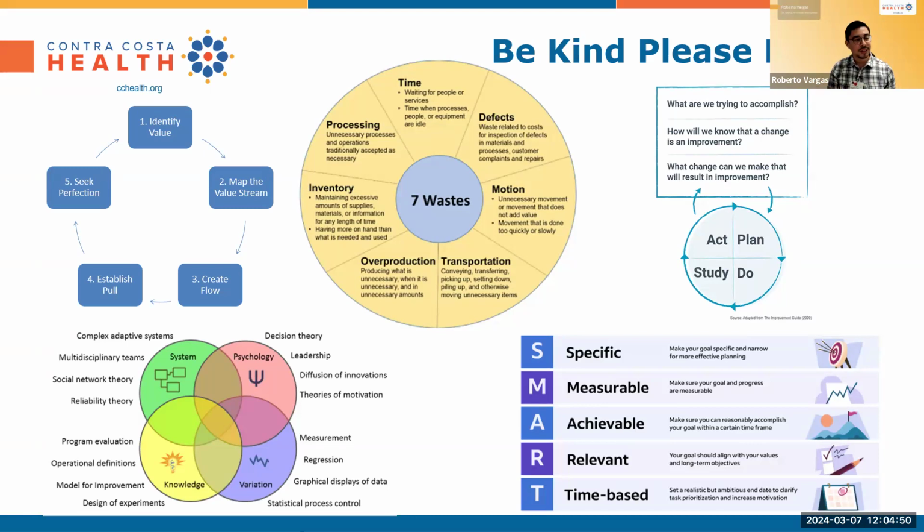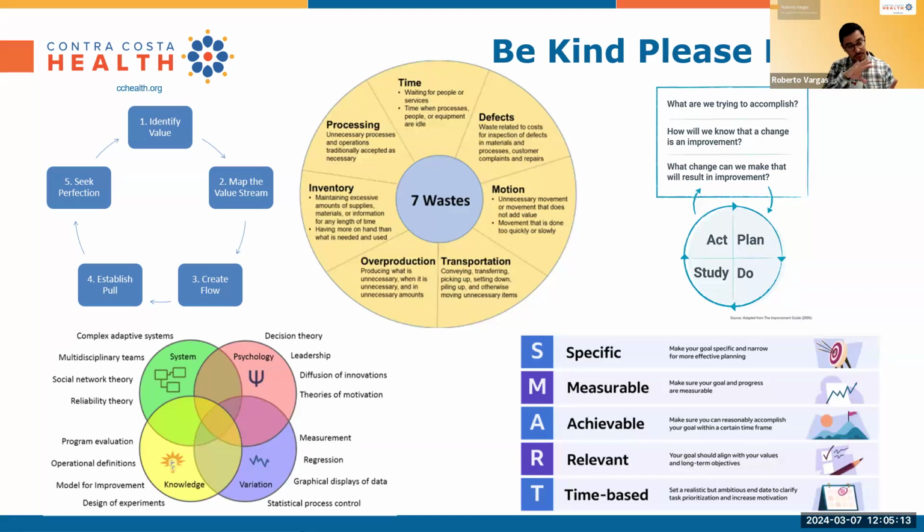One is understanding the lean methodology in the top left corner here, as far as its flow: identify value, map the value stream, create flow, establish pull, and seek perfection. If you're following those steps, at least to that methodology, you're making improvement happen.